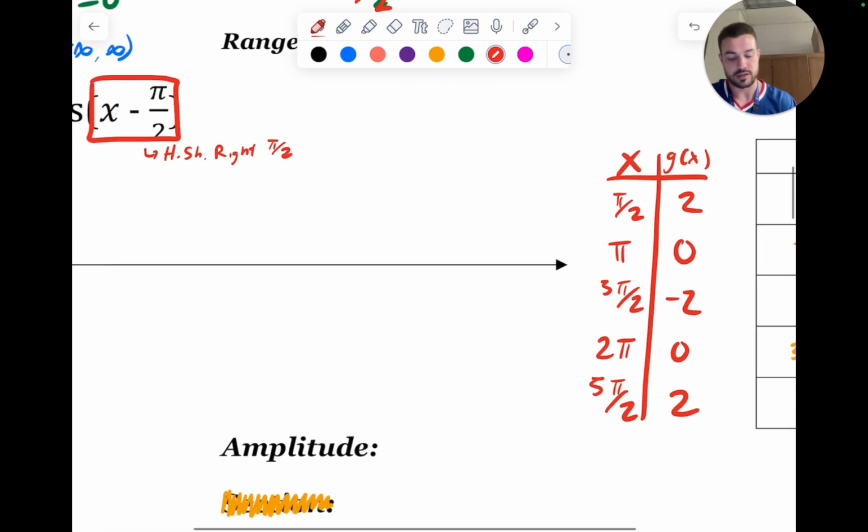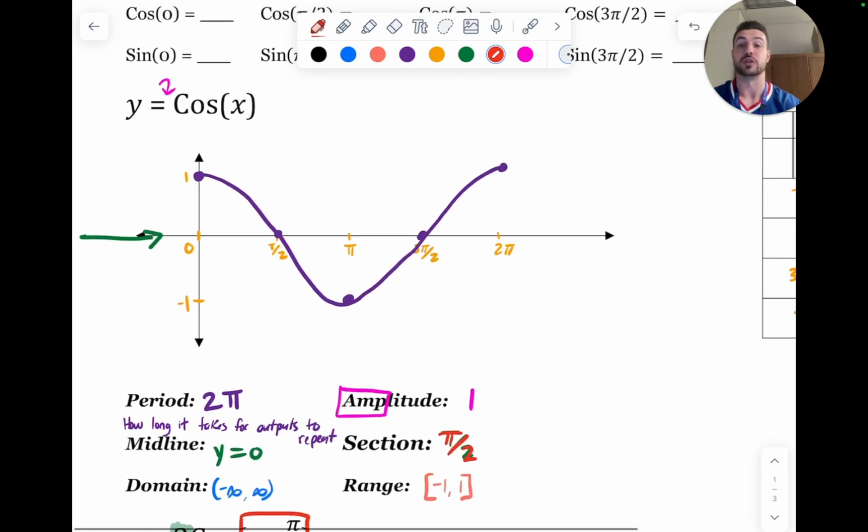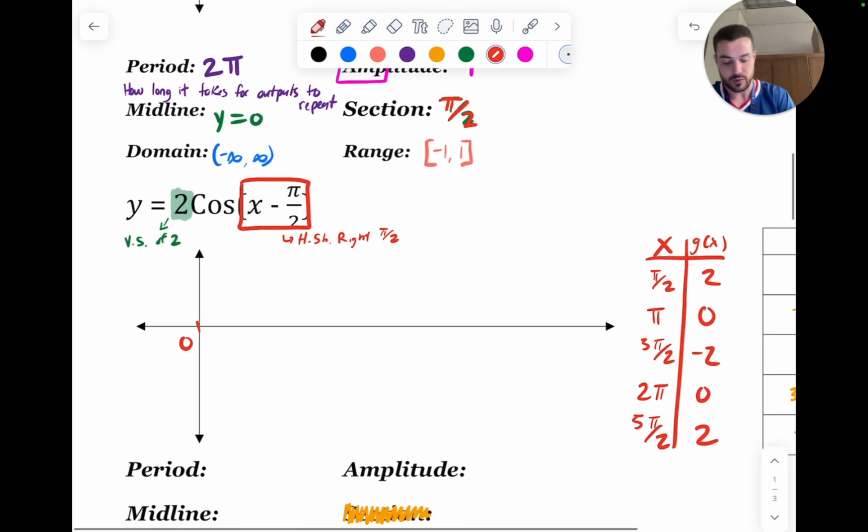And again, we just have to graph now. So we don't have anything at 0 in this case because of that phase shift, because we're shifting the original graph over. So that means we're going to start at pi over 2. Then we have pi, then 3 pi over 2, then 2 pi, then 5 pi over 2.